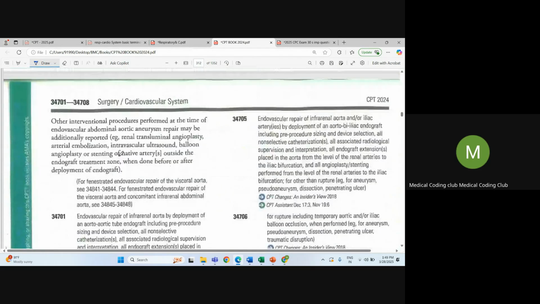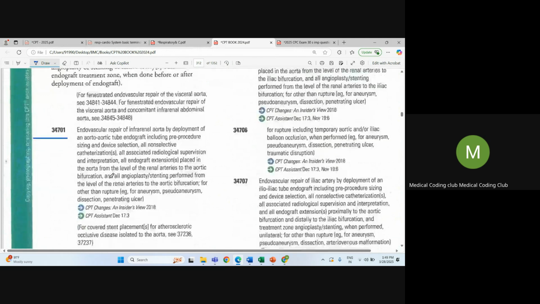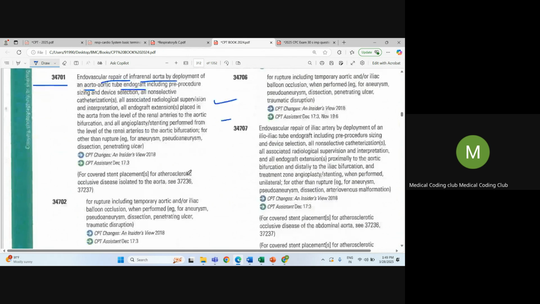I'll show the codes from 34701. 34701 is endovascular repair of infrarenal aorta by deployment of an aorto-aortic tube endograft, including predeployment. You can see the remaining description of the code. Coming to 34702, this is for rupture, including temporary aortic or iliac balloon occlusion.